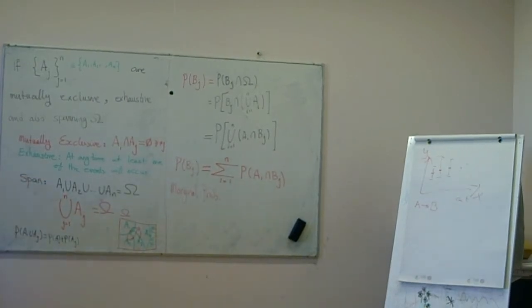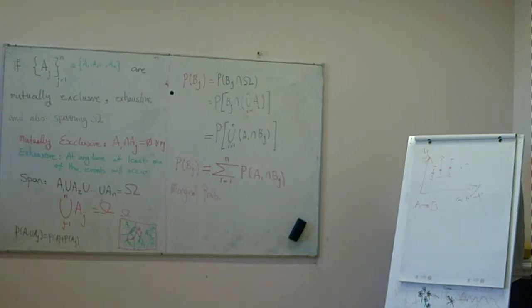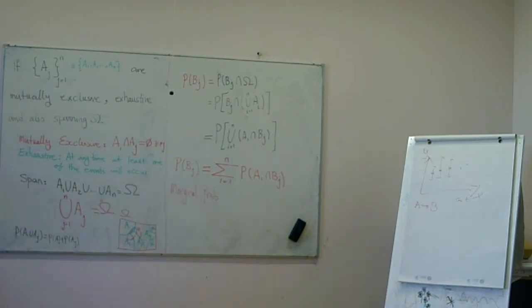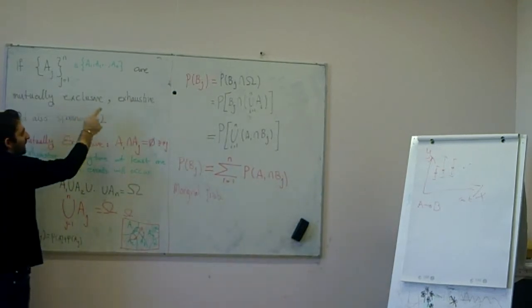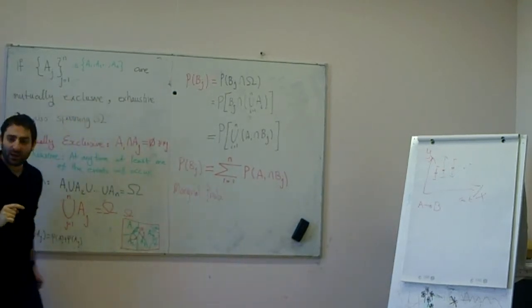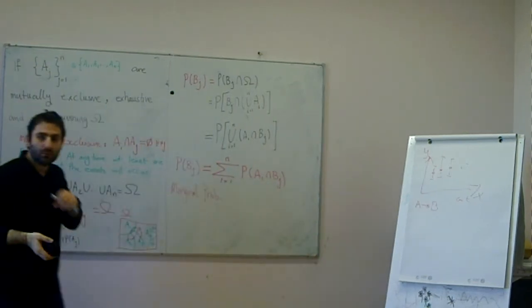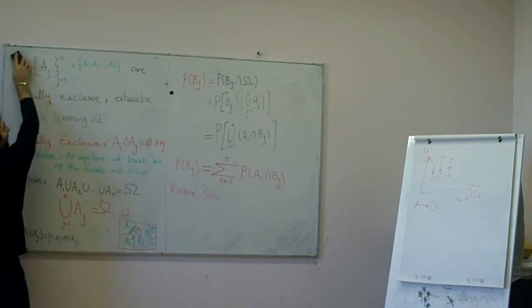Now, let's continue. Keep this one in our hand and let's look at some of the properties of conditional probability, because conditional probability is very important. From now on, if I use mutually exclusive, exhaustive, and spanning, you understand what I mean. Right? Can I erase this part? We need a bigger board.